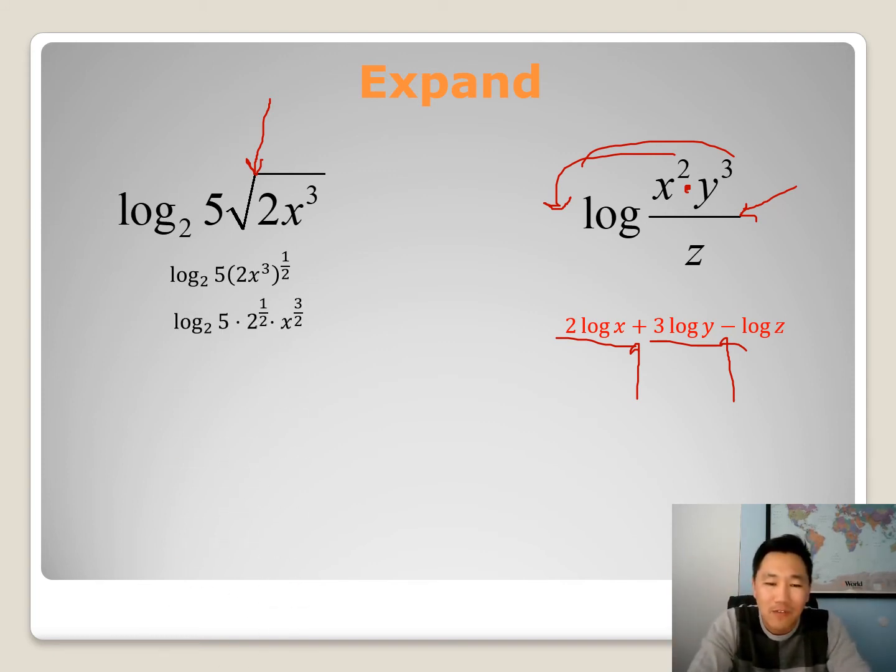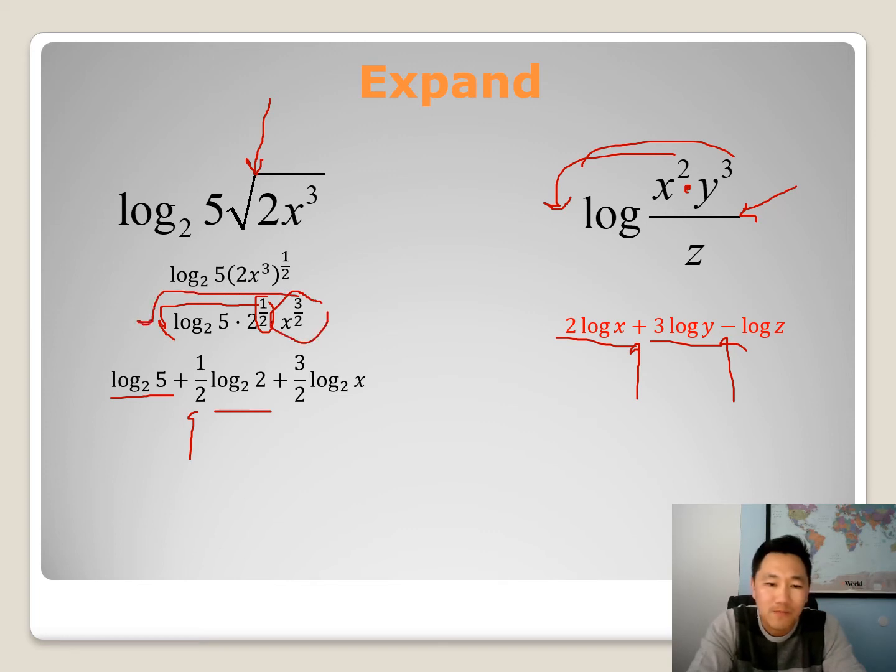Give that 1/2 to everything inside the parentheses. And now we have 3 terms we can split it up to. 1 log for the 5, and then another log for the 2, but what I did was I brought the 1/2 to the front. That's why it's right here. And then same thing, 1 log for the x, but then I put the 1/3 to the front as well.